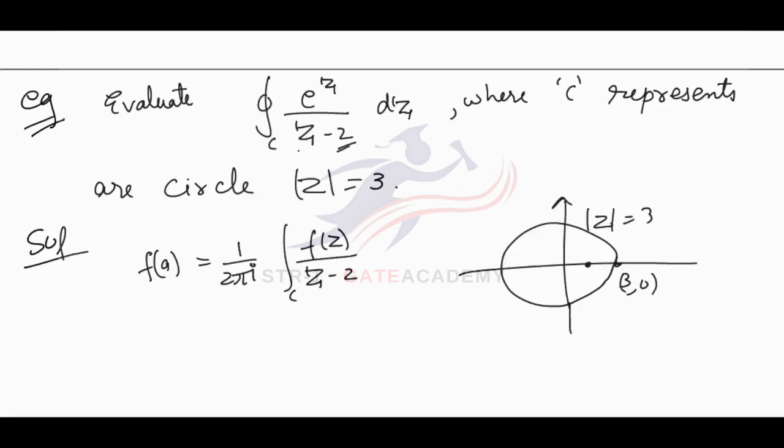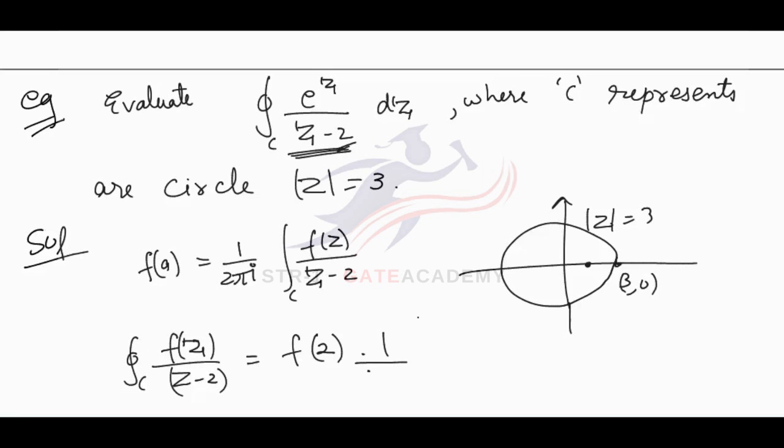So you want this value: integral over closed curve C of f z upon z minus 2 will be nothing but f of 2 into 2 pi i, right? Now what is f z?